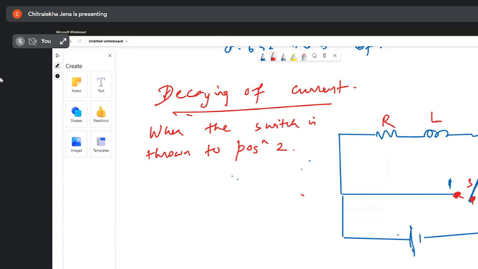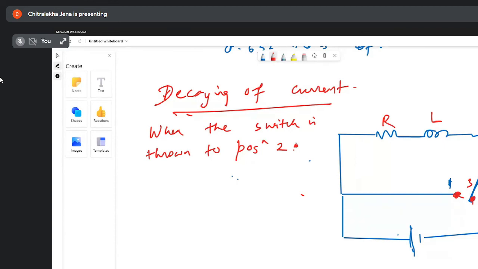The switch is at position number 2. What will be the condition in the circuit? Tell me. Current will be 0 at that time. Now it will go to maximum. Yes or no? Yes, ma'am.